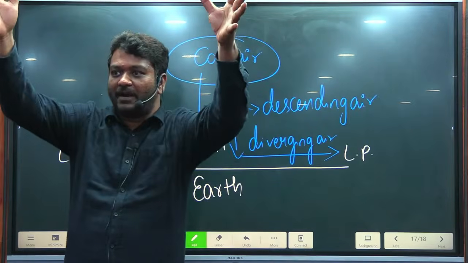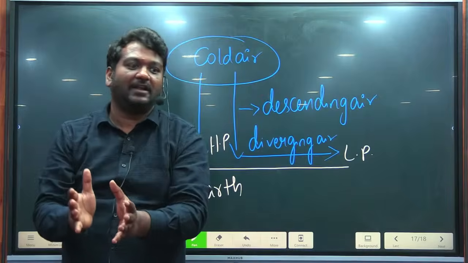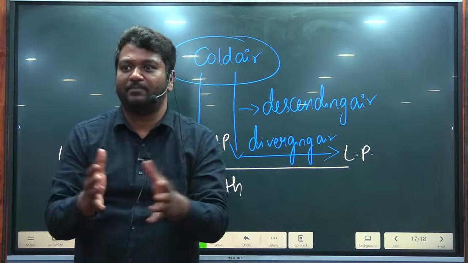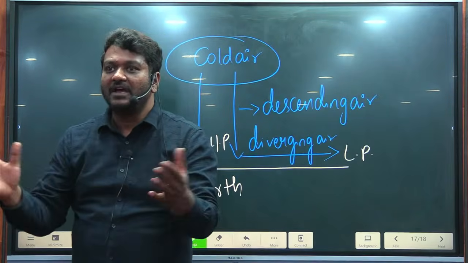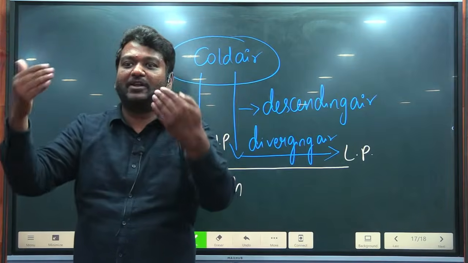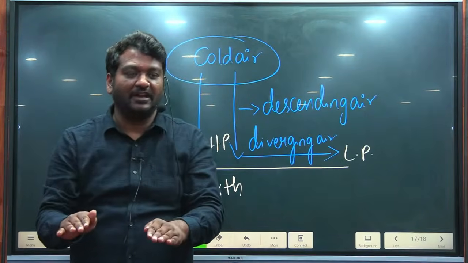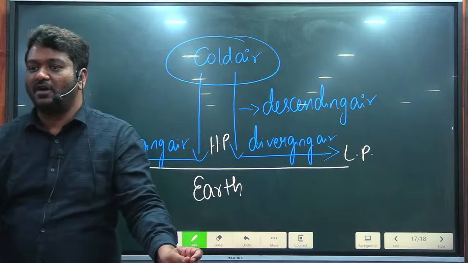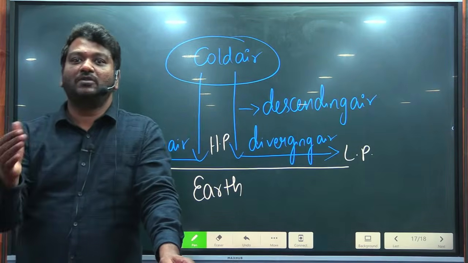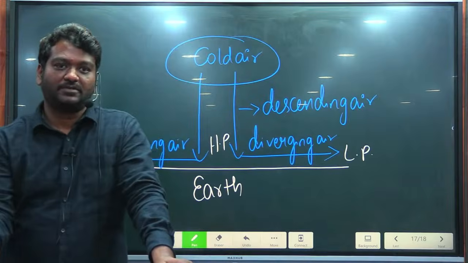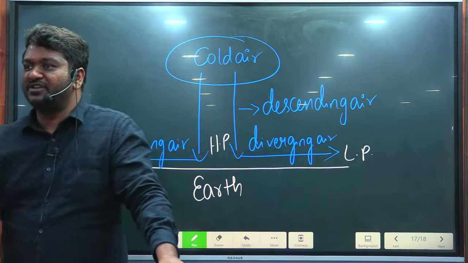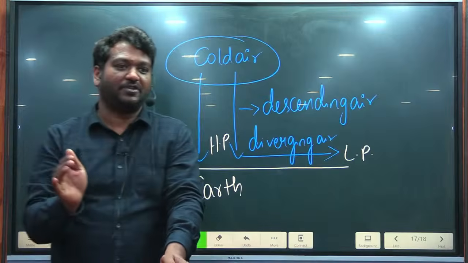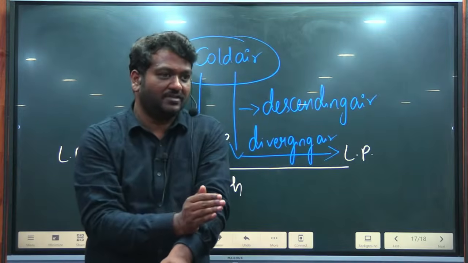Whenever less particles go to more particle areas, what is going to happen? Compression. So rising leads to adiabatic cooling, descending leads to adiabatic heating. And we saw this also leads to low pressure and high pressure. Low pressure means converging and rising, high pressure means descending and diverging.